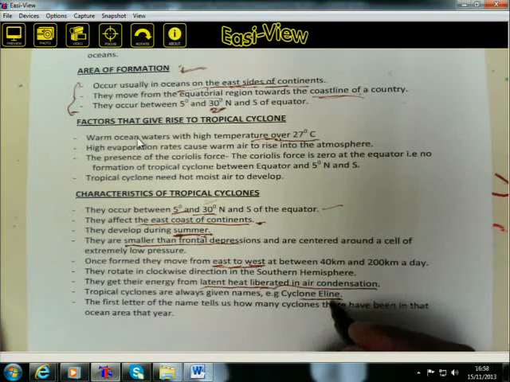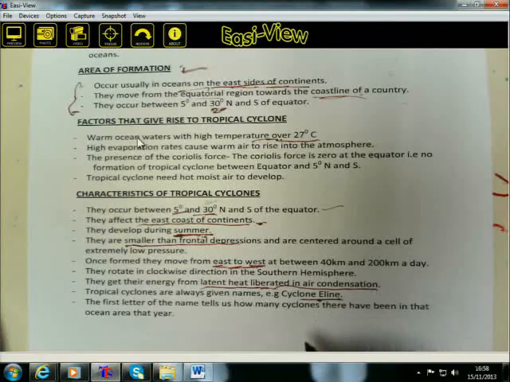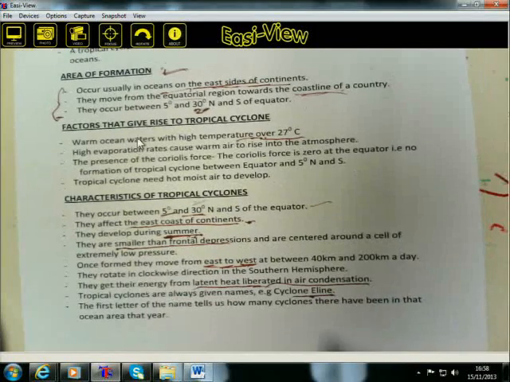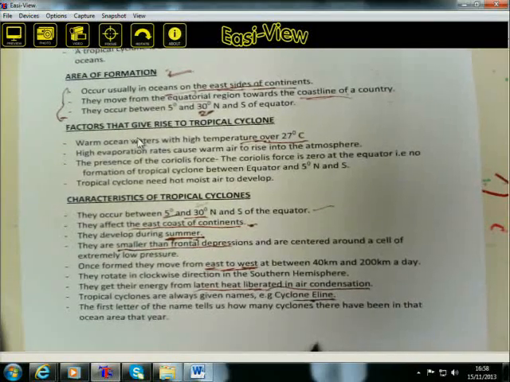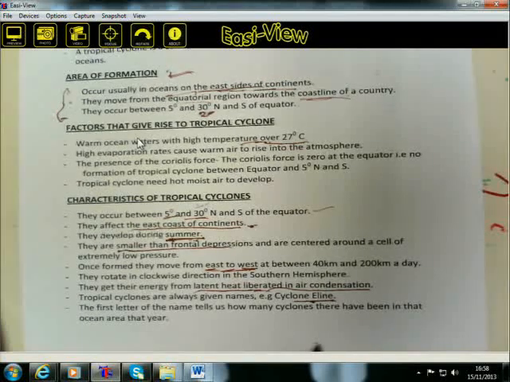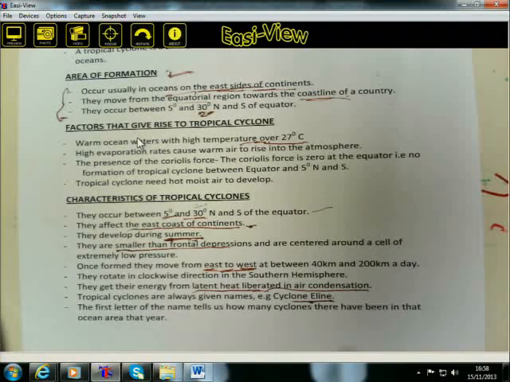The first letter of tropical cyclone Eileen is E. And E is the fifth letter of the alphabet. A, B, C, D, E. So we know that tropical cyclone Eileen is the fifth tropical cyclone in that area in that particular year.